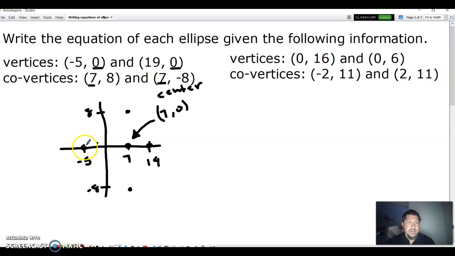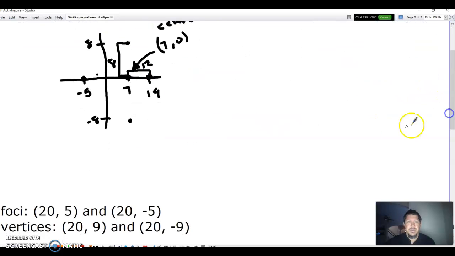My A is the distance from the center to the vertices. Well, from 7 to 19 is 12, right? And then here, 0 to 8 is 8. Well, 12 is bigger than 8, so x is going to be my major axis this time.